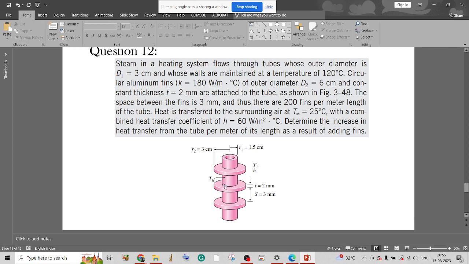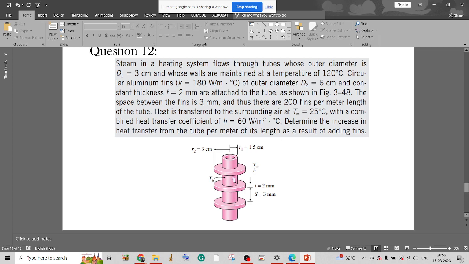Everything will be at base temperature, the same for the whole structure. So it becomes Tb minus T infinity. So this is area, into the heat transfer coefficient, into the efficiency, into Tb minus T infinity. Efficiency we already know, and that will give the total heat transfer for the fin.